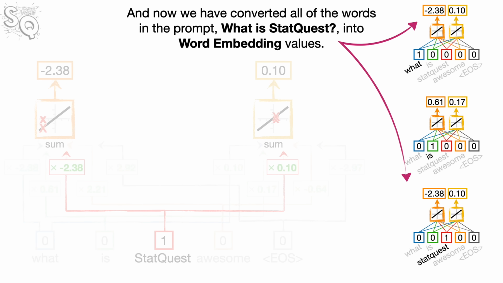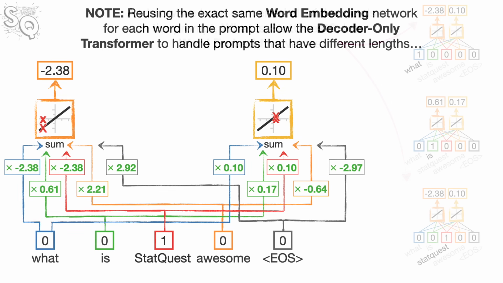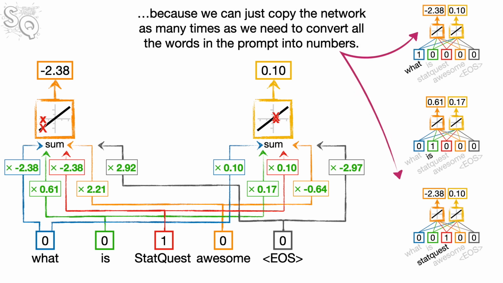And now we have converted all of the words in the prompt, what is StatQuest, into word embedding values. Note, reusing the exact same word embedding network for each word in the prompt allows the Decoder-Only Transformer to handle prompts that have different lengths, because we can just copy the network as many times as we need to convert all the words in the prompt into numbers.